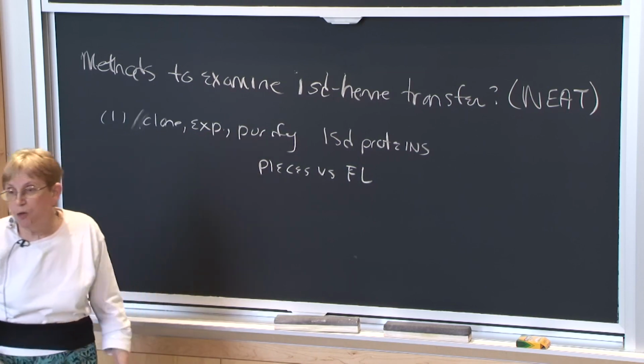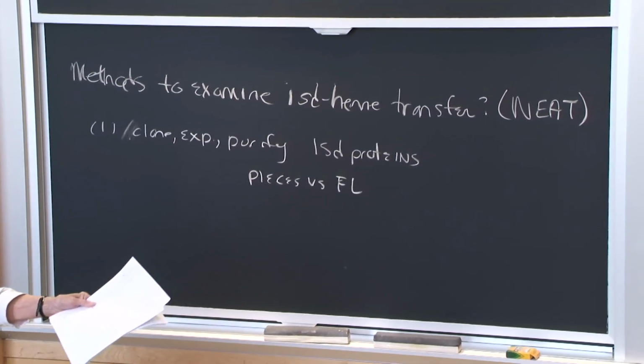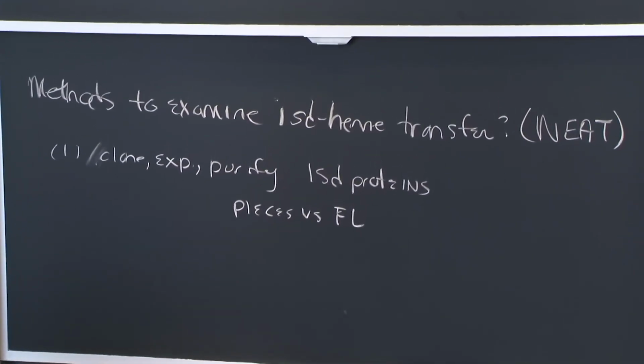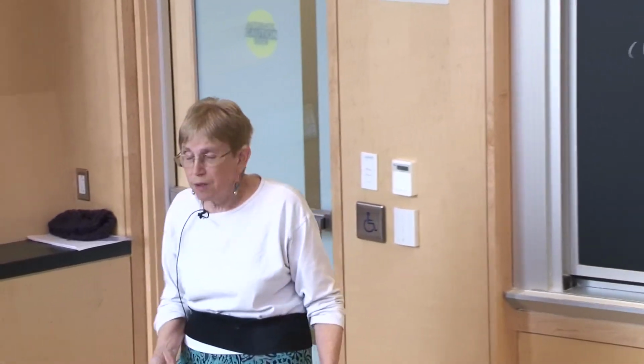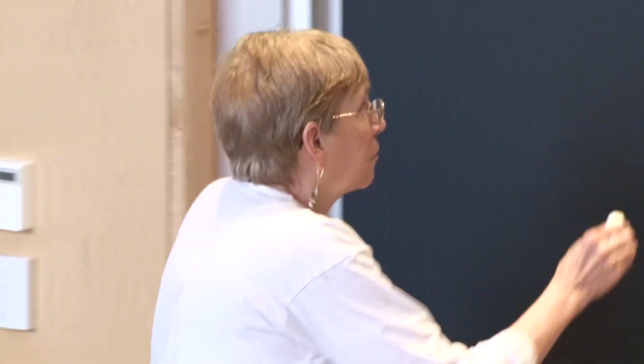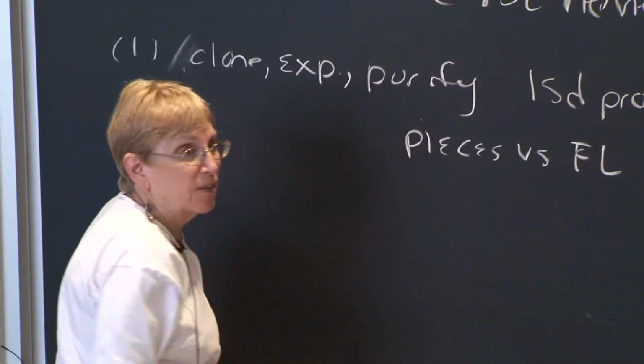You can try to do the whole thing. Some of these have 3 NEAT domains, some have 1 NEAT domain. If you look in those cartoons I gave you, the number of NEAT domains is defined by sequence. So you can study the full-length protein or the other one.